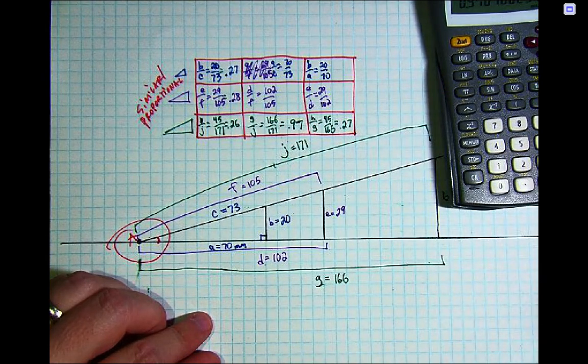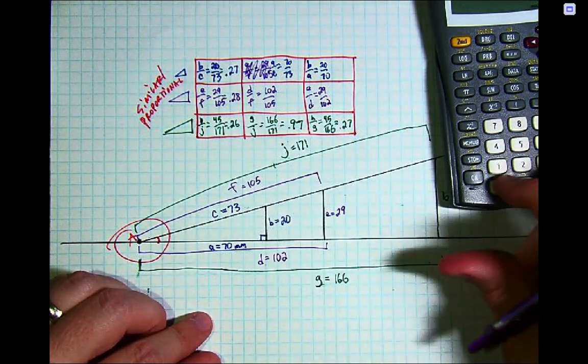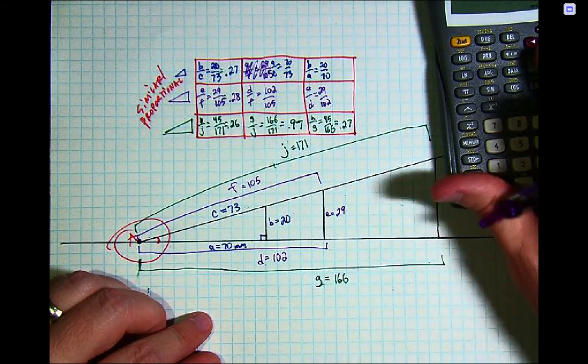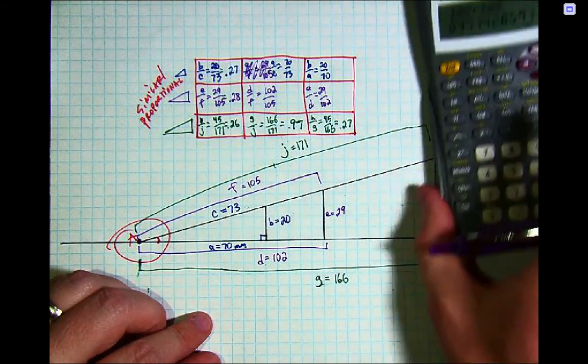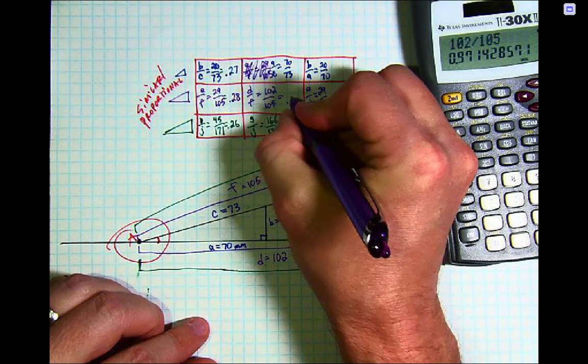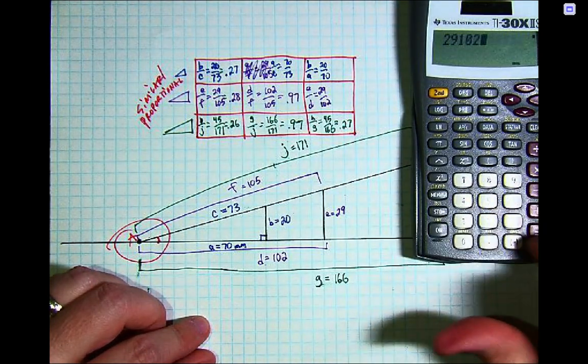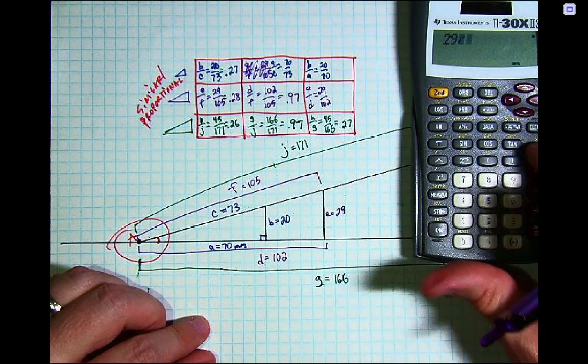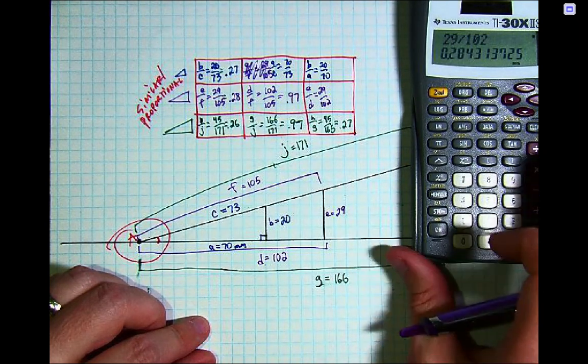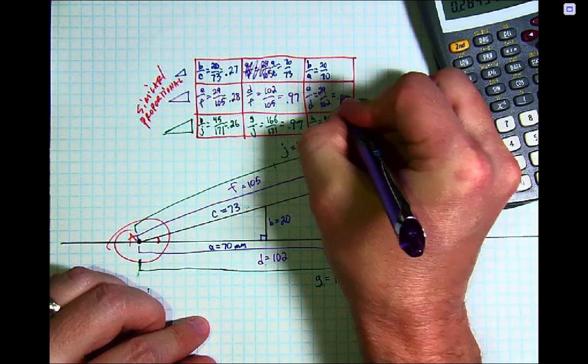Okay, now 102 over 105. 29 over 102 is 0.28.